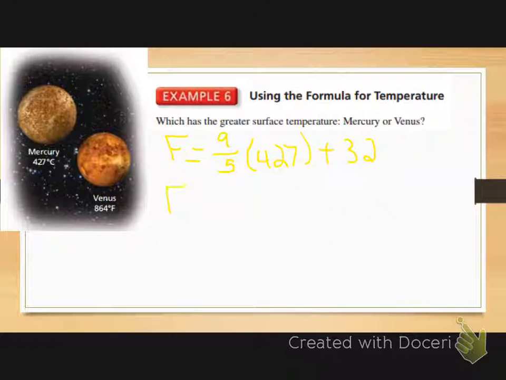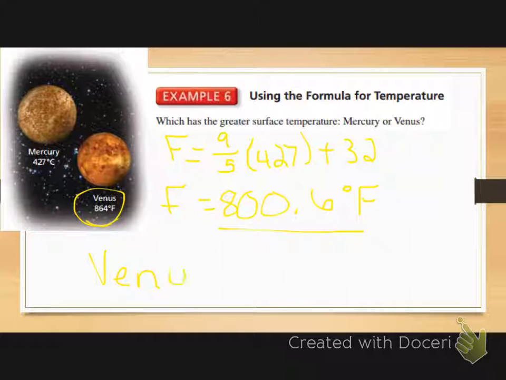If you plug those numbers in your calculator, you're going to end up with 800.6 degrees Fahrenheit. So if we're looking at them, 864 for Venus is going to be greater than the 800 we found for Mercury. So Venus has the greater surface temperature.